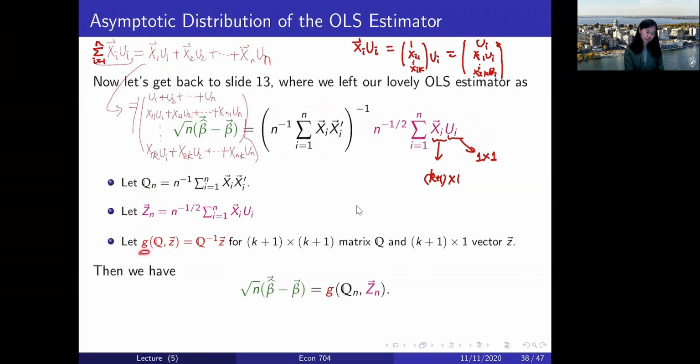If you define the g function to be Q inverse Z, then the quantity we are interested in is g of Qn, Zn. Okay, so that's our continuous function. It is continuous in Z at any value of Z, and it is continuous in Q at any invertible values of Q.